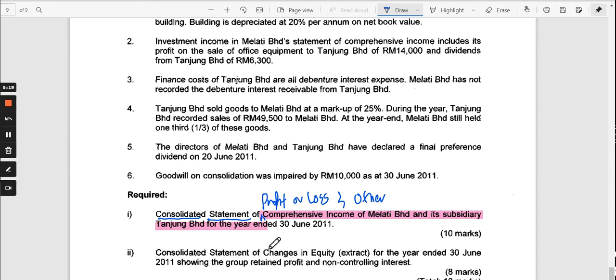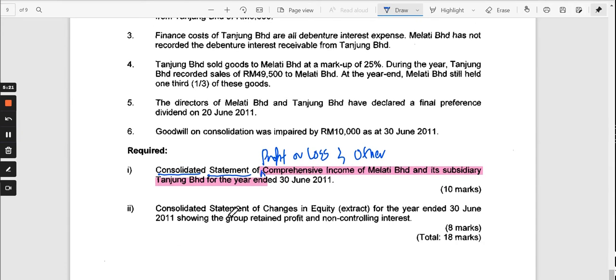The year end is 30th of June. On top of that, you're going to prepare the consolidated statement of changes in equity, where you're going to show the extract for the year ended 30th June 2011 relating to the group retained profit. So you need to show two columns.